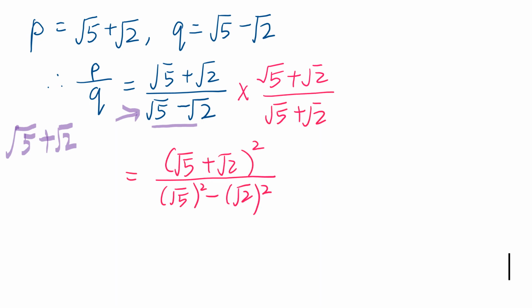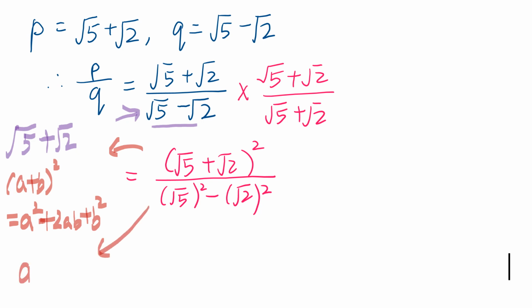Here you're going to apply your algebraic identities, and this one also, a plus b times a minus b gives you a squared minus b squared.